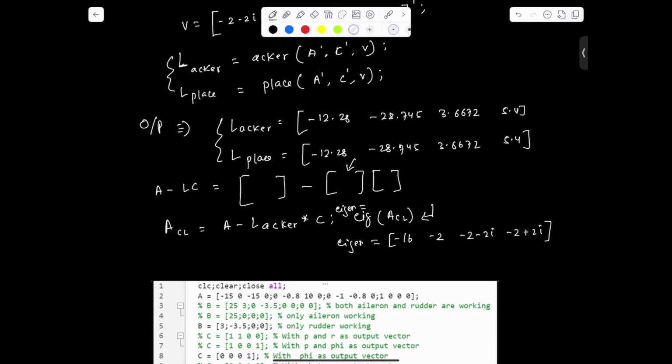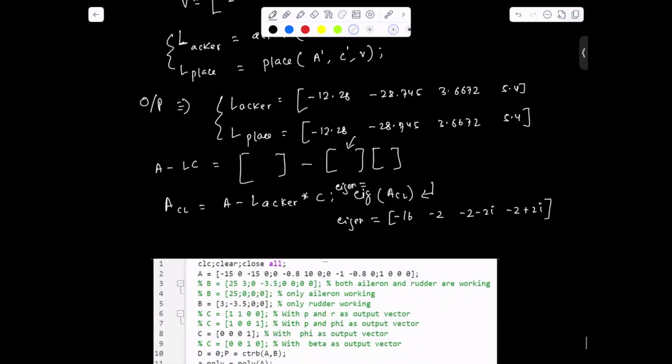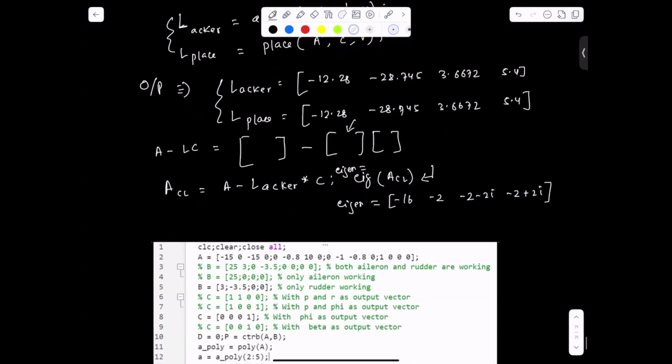So if you notice, all the eigenvalues are negative, and since all the eigenvalues are negative, we can say that e naught dot equals A minus LC times e naught. This dynamics is stable.